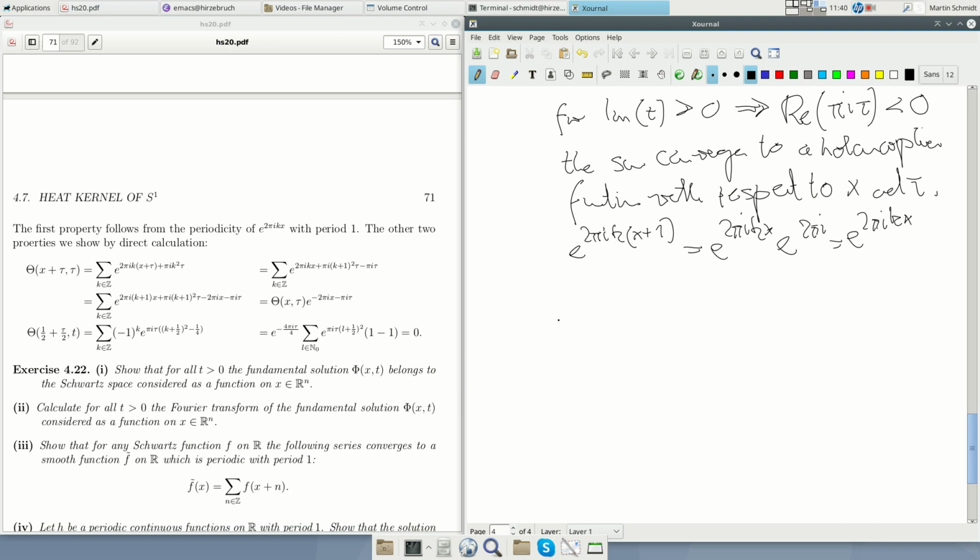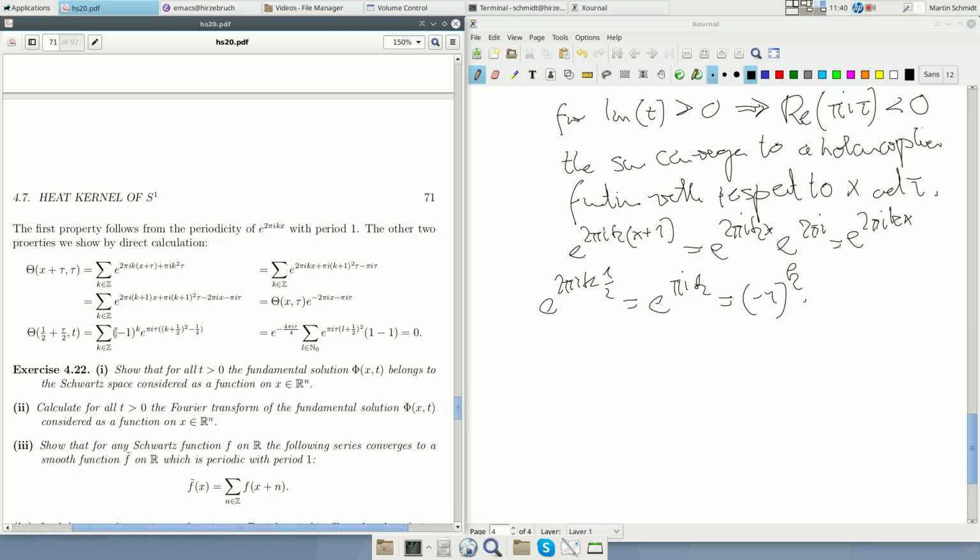Here we have the exponential of 2 pi i k times 1/2. This is of course the exponential of pi i k, and this is minus 1 to the power of k. So there we get this minus 1 to the power of k.